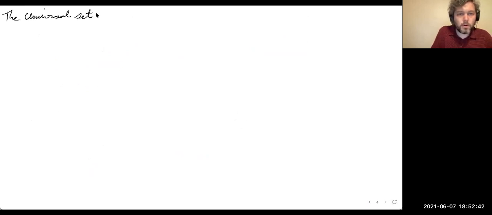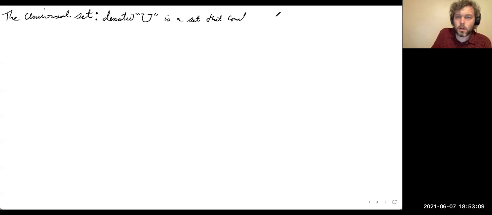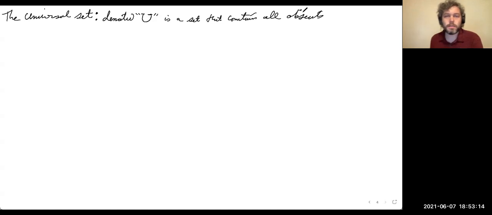The part that's confusing about the universal set is that it's denoted also just by a capital U. I try to put these little tails up top, I try to remember to do that, but it's just denoted the capital U. The universal set is a set that contains all objects.